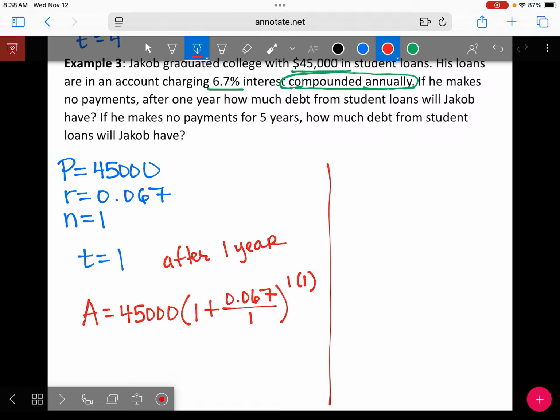And then we're going to do it again to see what it would be after 5 years. Now the second time, T is 5.